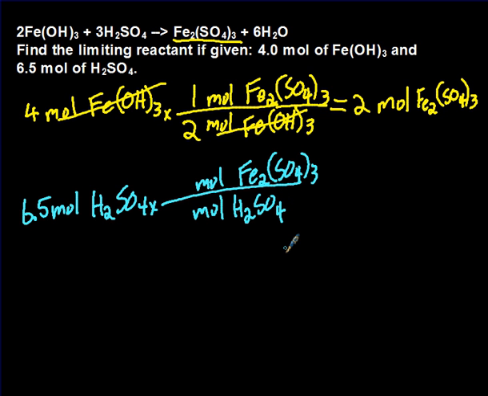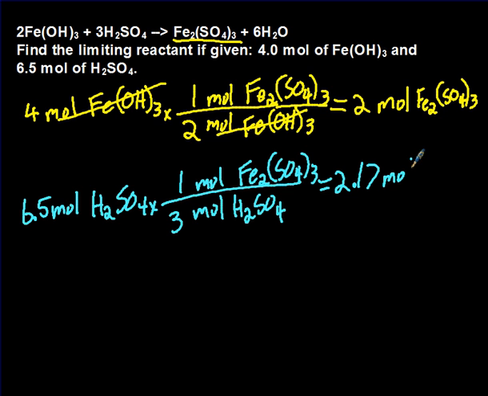Now we've got to find our molar ratio. Just like at the top here, this guy's just 1. H2SO4, as you can see over here, has a 3 on it. So you have to divide 6.5 by 3. And if you plug that in, you will get 1.67 or 1.7, or we'll just round it up.